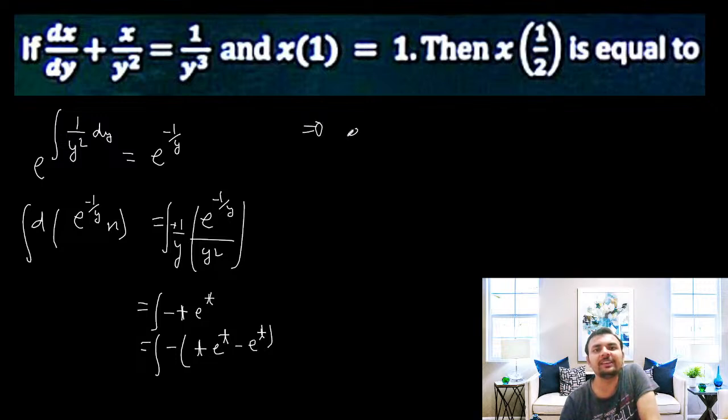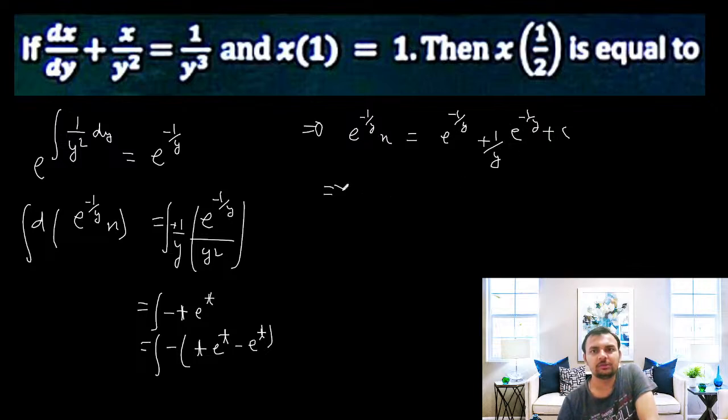So we are getting e to the power minus 1 by y into x equal to e to the power minus 1 by y, minus t is what, plus 1 by y e to the power minus 1 by y plus c. At 1, this is 1, this is 1, so c is equal to minus 1 by e.